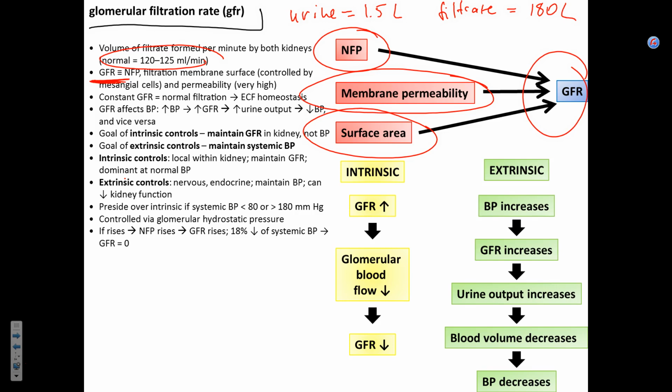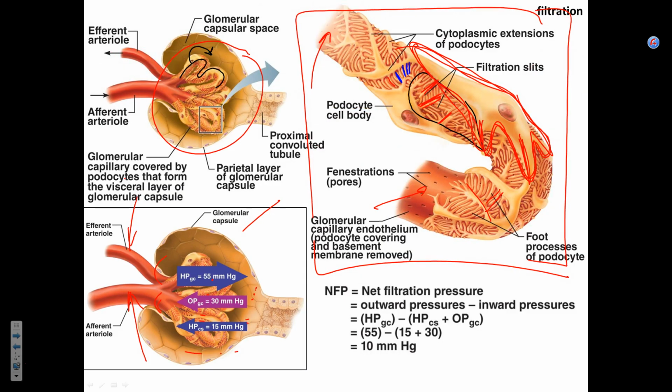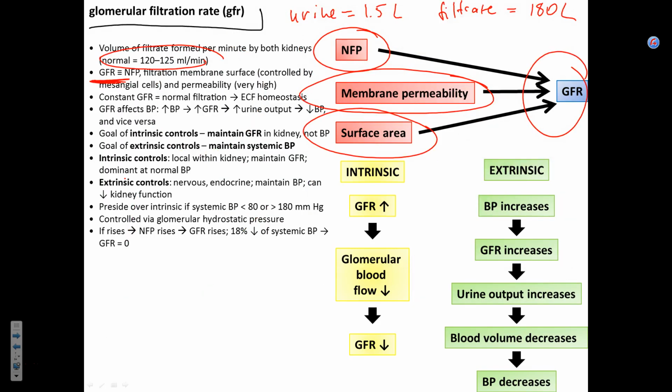Membrane permeability, which means the ability of these podocytes and capillary endothelium to let things through. Normally membrane permeability is really high. It's so high that we don't take it into account. It's not really a variable here. It works perfectly. Okay? So we knocked it out.